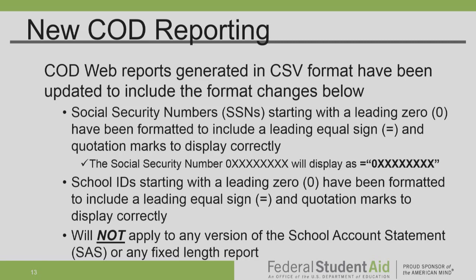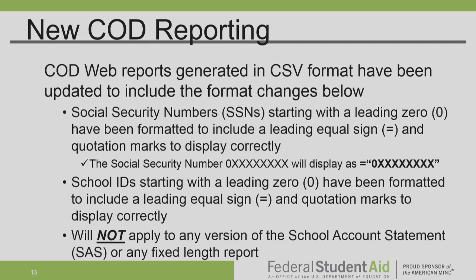The next thing down there as well, school IDs starting with a leading 0 have been reformatted in the same manner. So if you happen to have more than one OPE-ID number or school ID number that you're dealing with, for some of you that's the case, all of them that start with 0s are going to be treated in the same way so you don't have to mess around trying to get them set up properly in your reports with the leading zeros.